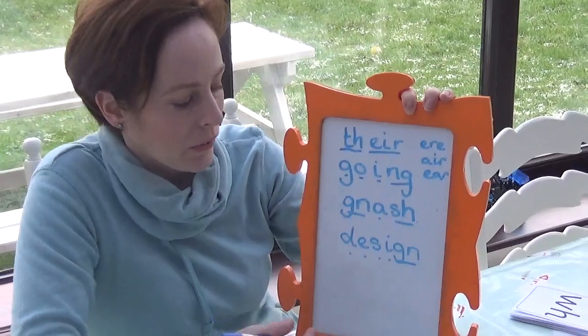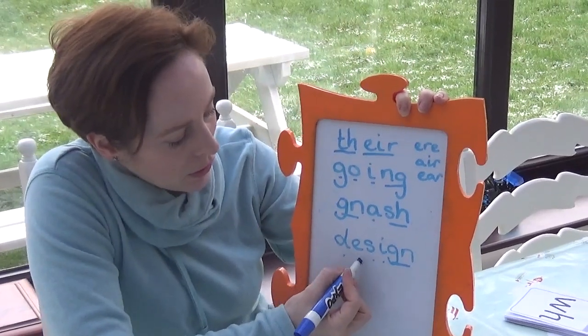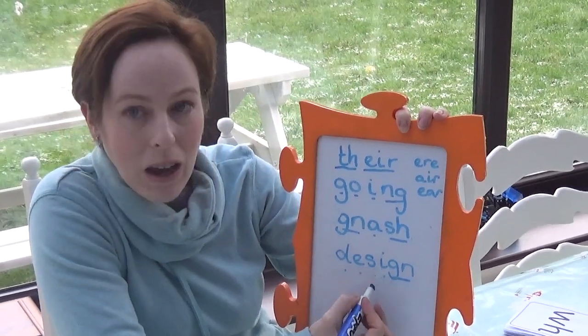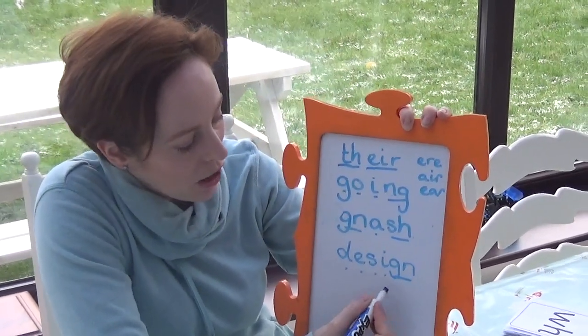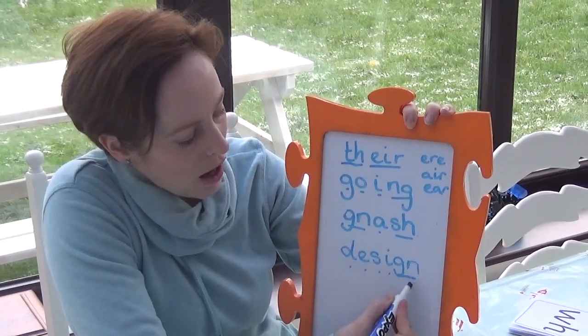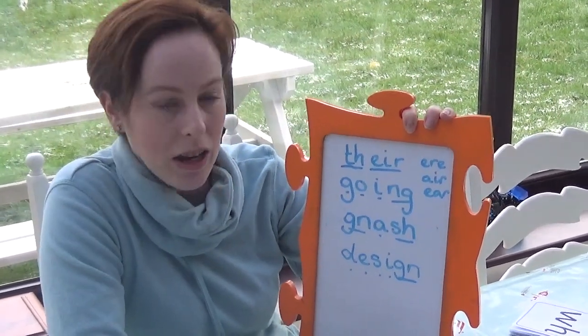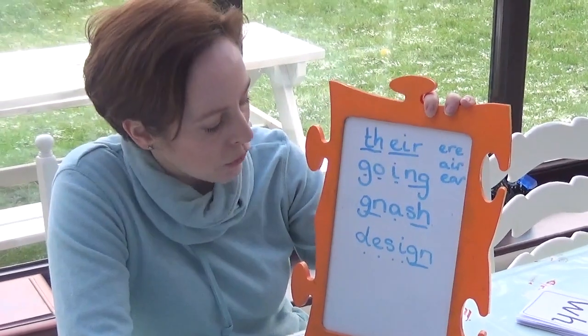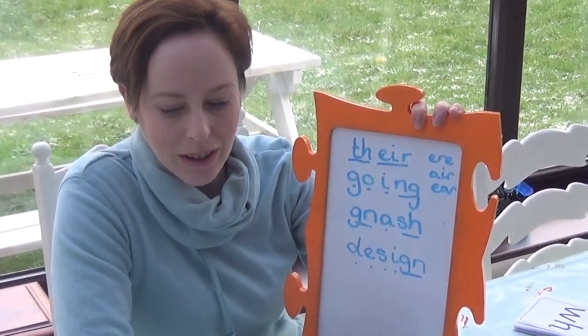Starts with d, d, d. This is actually E, D, sign. Remember sign from sign and resign? Same ending, design. Design, like when you design a pattern or you design some clothes.